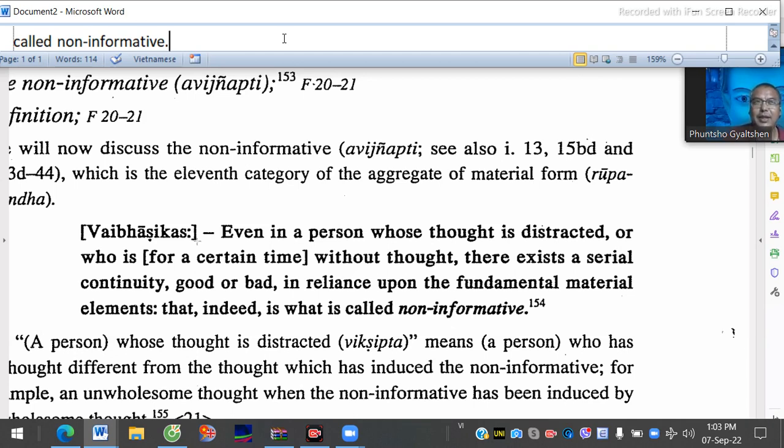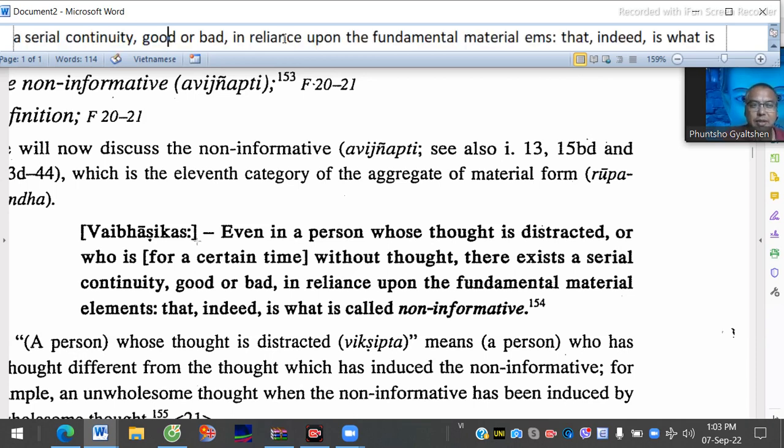Non-informative means it is not letting us know. Sometimes the translator here has chosen this term, non-informative. I haven't seen the word non-informative applied as the same term as avijnapti by other scholars. I have seen some scholars call it the invisible form.